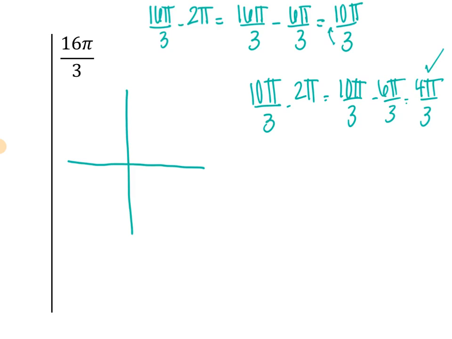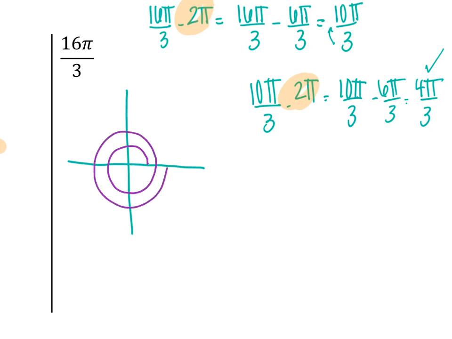Don't forget that each time we subtracted 2 pi, that is a full rotation around the circle. So when we start drawing this, we start at the x-axis. We're going to go around once. We're going to go around twice.